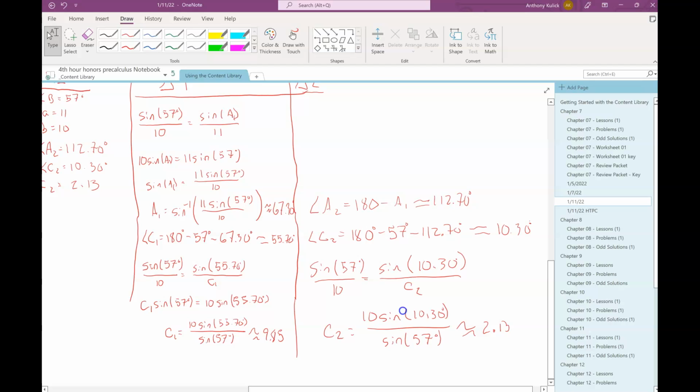The second step of triangle 2, where you took 180 minus 57 degrees minus 112.7? Yeah, just using the triangle sum theorem, right? There's 180 degrees in the triangle. So at that point, I knew the 57, I knew the 112.7, so I just subtracted from 180 to get the 10.30.